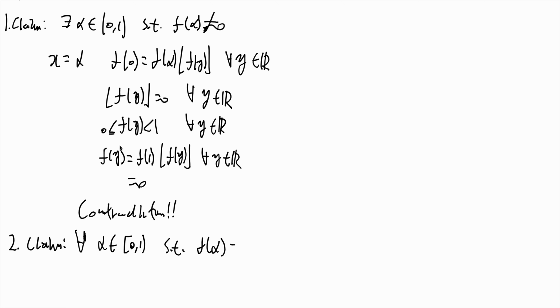Wait, no, this is a converse because there exists. That means there doesn't exist an alpha such that this is true. That means its converse would be for all there exists such that this equals 0. Yeah, so this is indeed the converse.